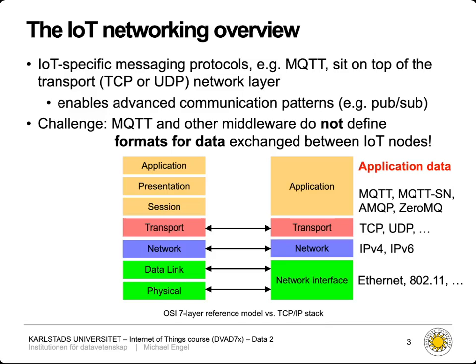So we can have an easy way to find information, to distribute information, to indicate that we are interested in some information. And the problem is now that this only covers the distribution of information, but not what the information itself looks like. So a more precise challenge that we have to solve here is that MQTT and other middleware protocols for networking IoT systems do not define the formats for data that is exchanged between IoT nodes. So we have to do something about this.